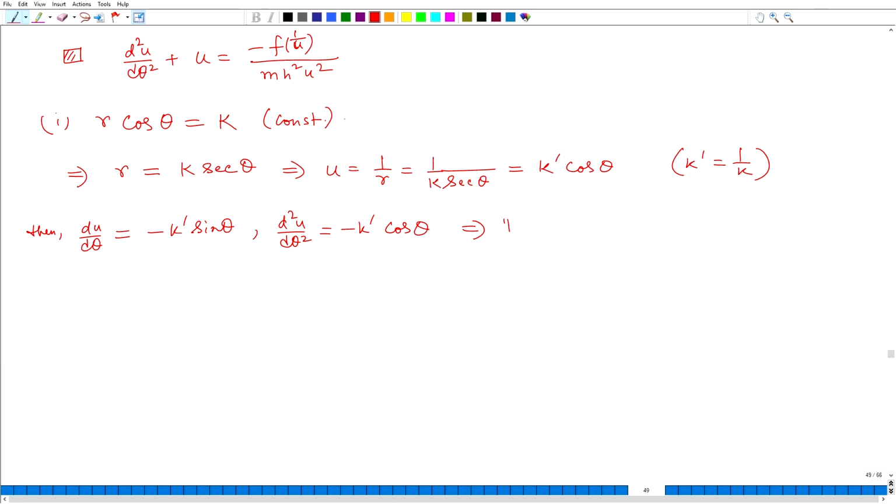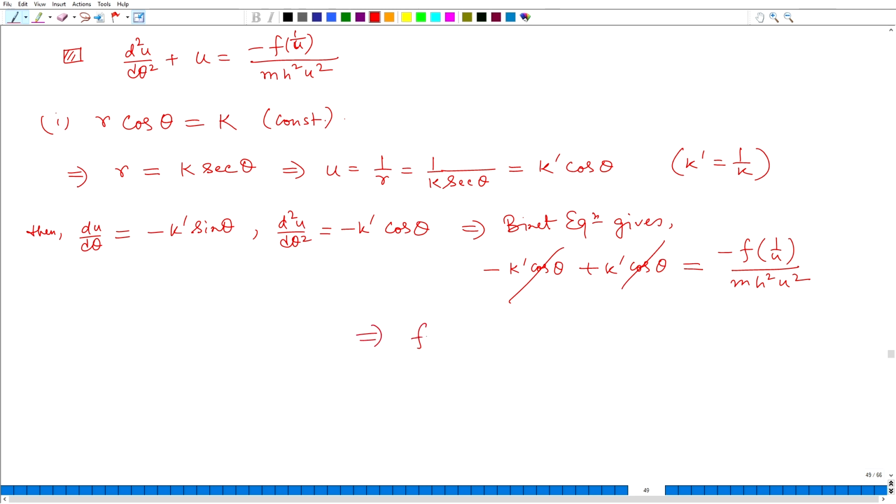And hence, Binet's equation gives minus k' cos θ plus k' cos θ is equal to minus f(1/u) by m h² u². So you see that will cancel each other, and you have the force with zero magnitude.